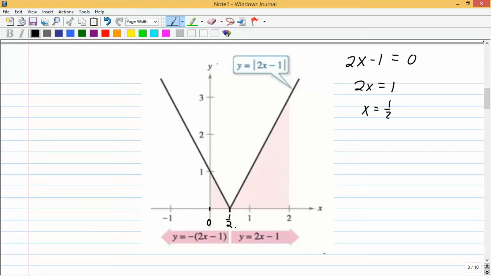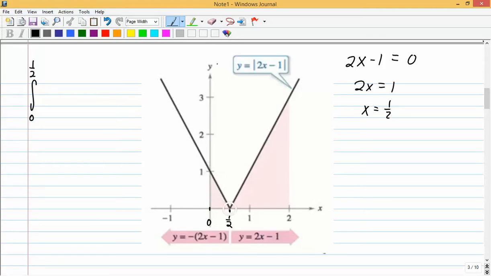Okay. So if we want to do the definite integral of this from 0 to 2, I'm going to have to integrate first from 0 to 1/2 of this function here. And what was this function?